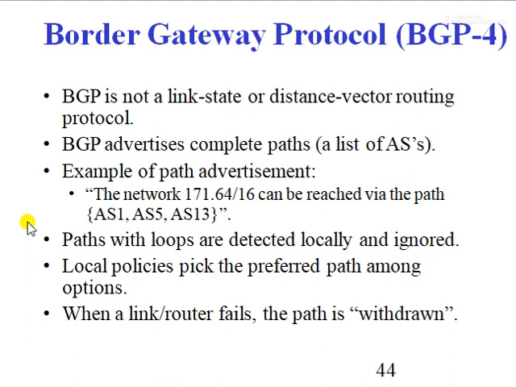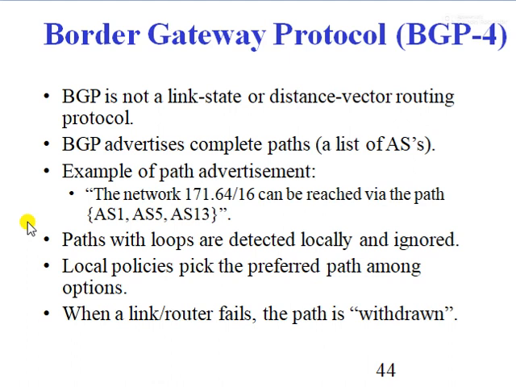BGP may be used for routing within an autonomous system. In this application, it is referred to as interior Border Gateway Protocol, internal BGP, or iBGP. In contrast, the internet application of the protocol may be referred to as exterior gateway protocol, external BGP, or eBGP.